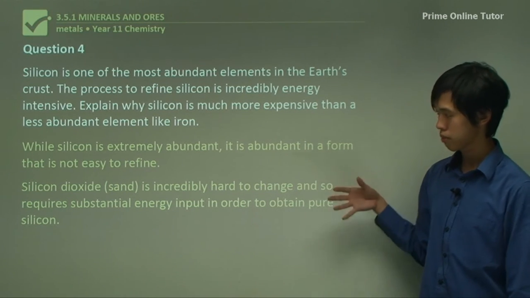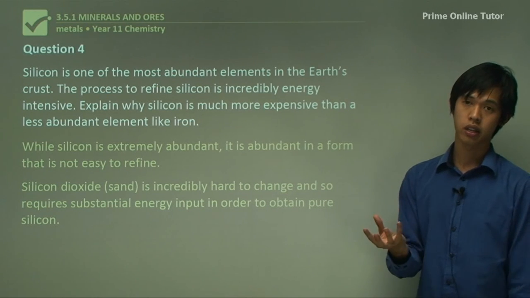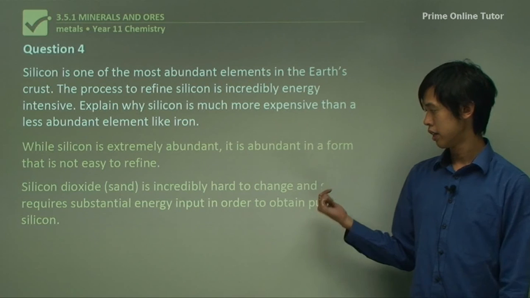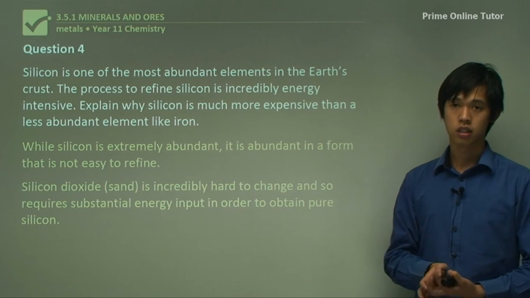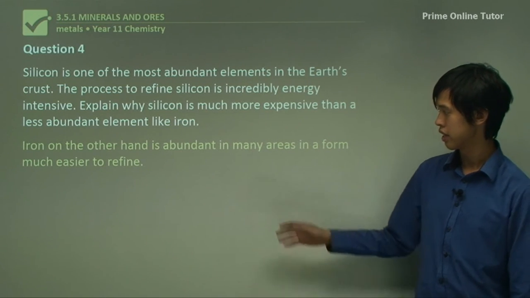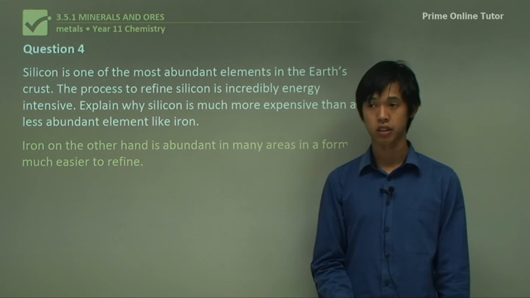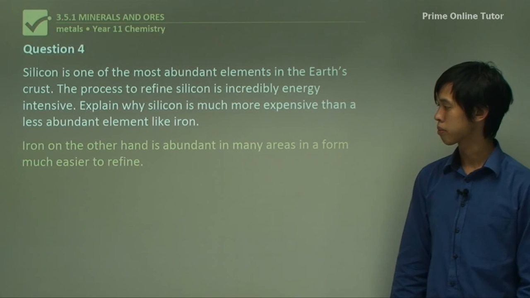So when we have silicon dioxide, even though it's so abundant, it's actually very difficult to change into pure silicon. So you have to put a lot of energy into the process in order to get it into silicon form. Now iron, on the other hand, is abundant in many areas in a form much easier to refine. So iron is a lot easier to refine in general.